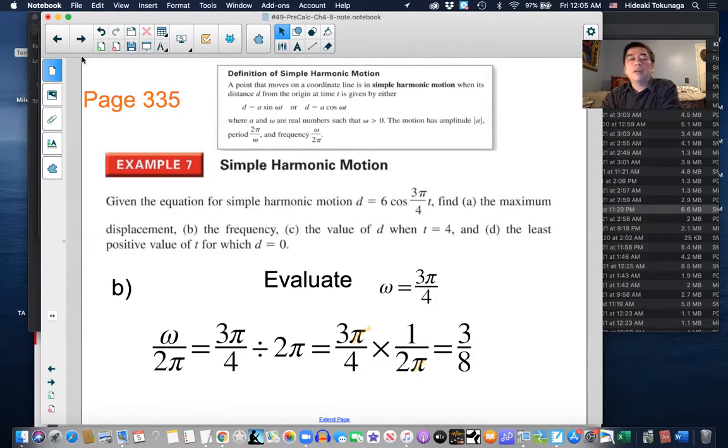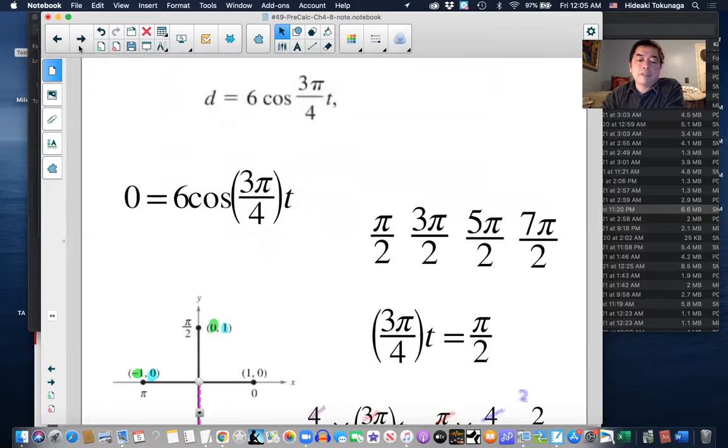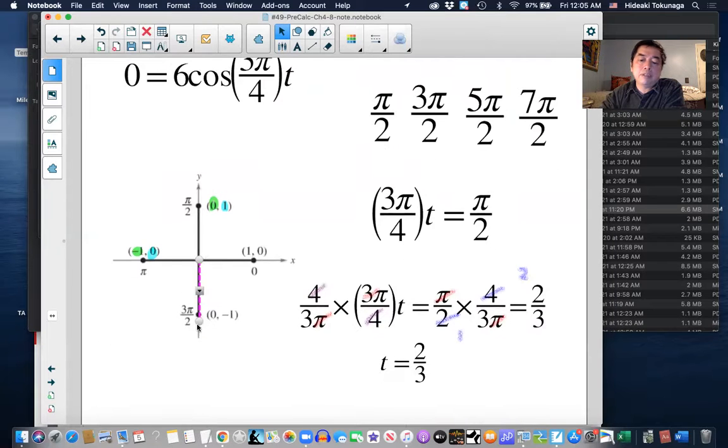So when the cosine value becomes 0, think about it. Cosine value is 0 here, cosine value is -1, cosine value is 0 again here, cosine value here is +1. So only two locations, which is pi over 2 or 3 pi over 2.